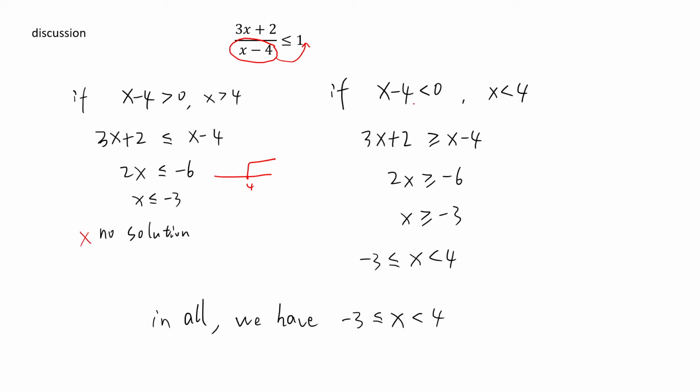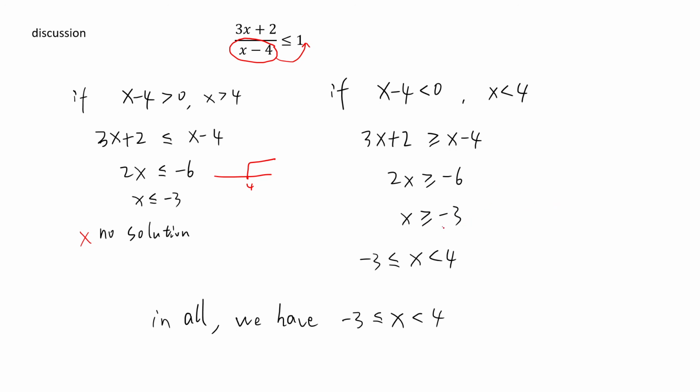And the second scenario, if x minus 4 is smaller than 0, or x smaller than 4, if we multiply x minus 4 to the other side, the sign will change, right? Then after solving, we have x greater than or equal to -3.